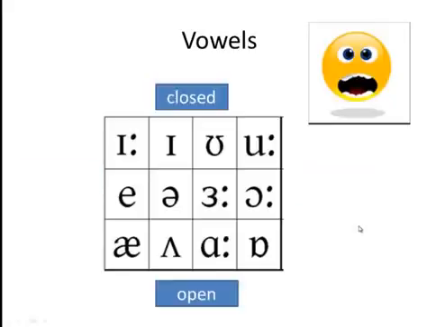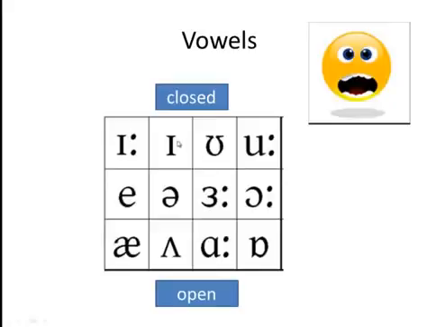Another thing that's interesting about this is that if you put your finger on your nose and your chin, your thumb on one and finger on your other, you'll see that your mouth gets more open as you go down this way. So this is E, E, A. You'll see that your mouth opens as you go down this line.